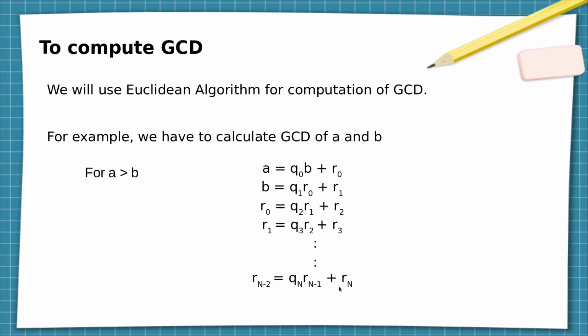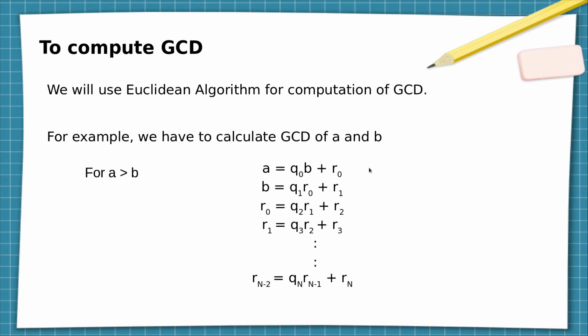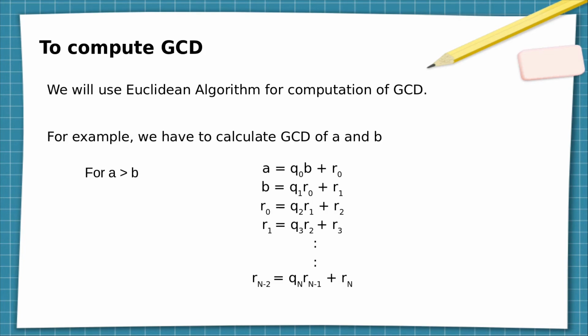Whenever we get Rn as 0, the algorithm will stop. And the final non-zero remainder R of n minus 1, which we will get, is the greatest common divisor of a and b.